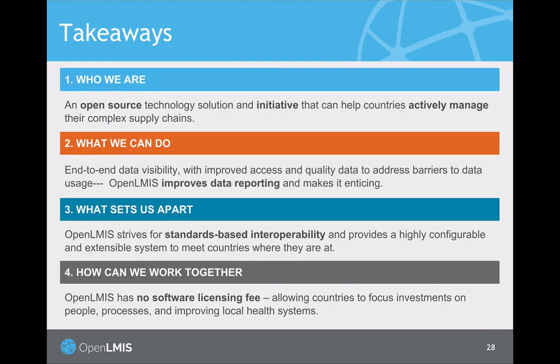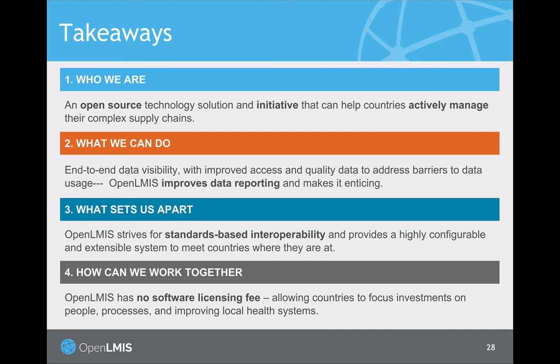So to conclude, who are we? As more products get added to programs, or as countries integrate across supply chains, OpenLMIS is a solution that can help countries actively manage their complex supply chains. What can we do? Provide end-to-end visibility for managers and donors alike, improving data access, quality, and timeliness.